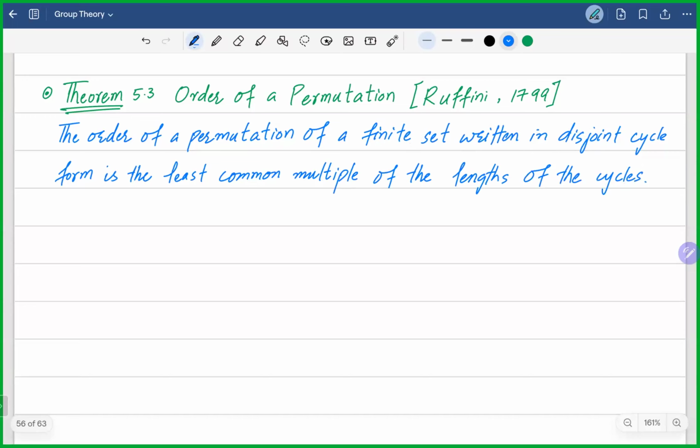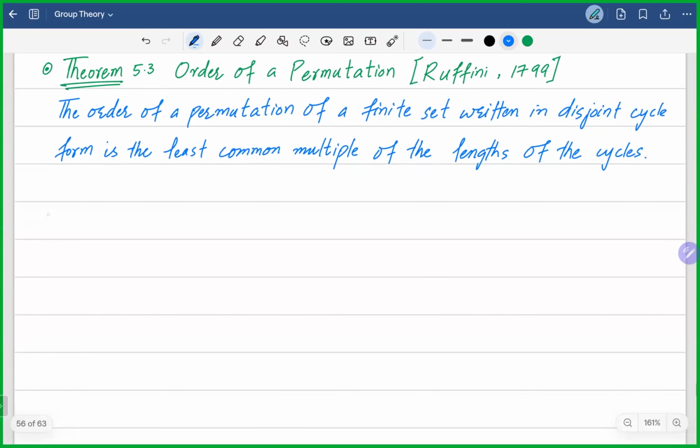But use this theorem and then compute the cycles. So let's give an example, which is number 4. We say that the order of the permutation (1 3 2)(4 5) is the LCM of 3 and 2, which is 6.